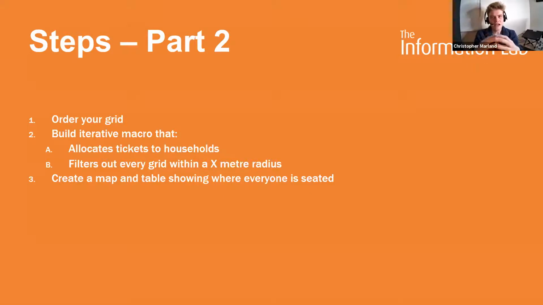Then every single seat within a 1 meter or 2 meter radius, the user can change that, we used 1 meter, is then excluded. We get rid of them so that when we iterate again, nobody can be allocated in any seat that is within 1 meter of another household. That's how we create that social distancing.